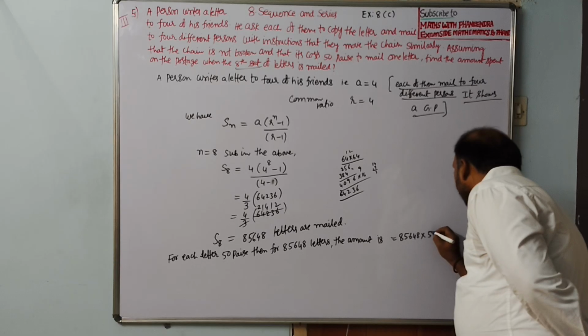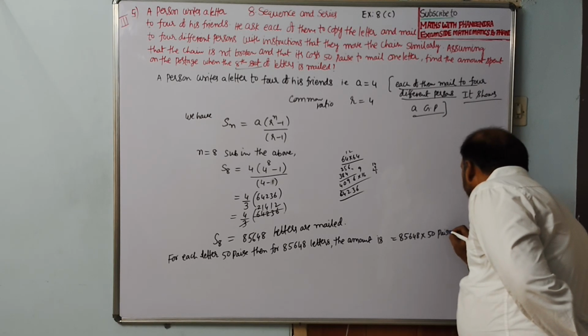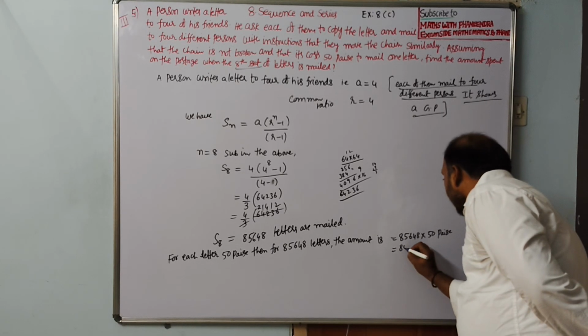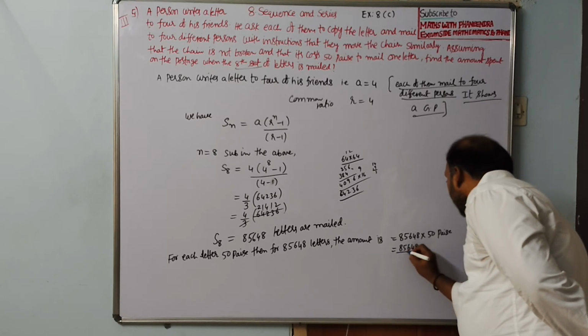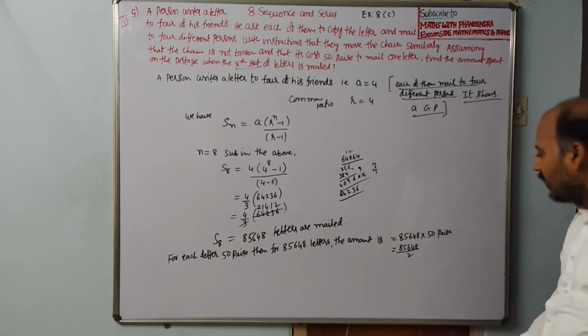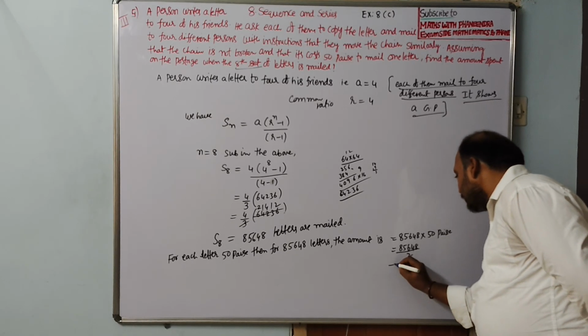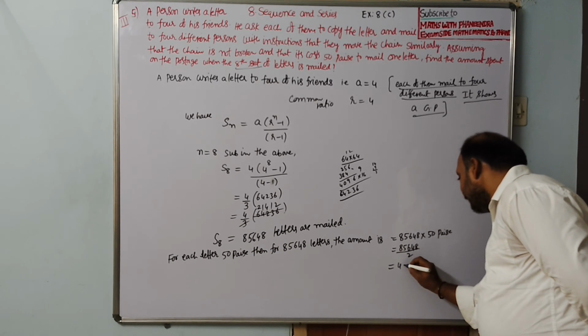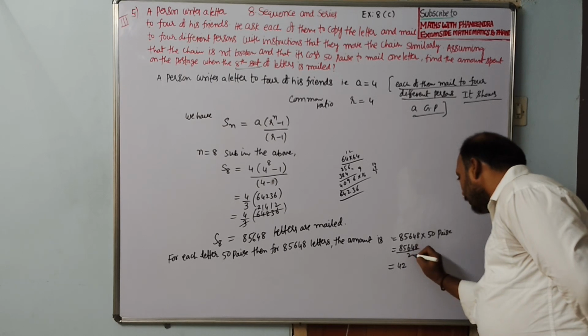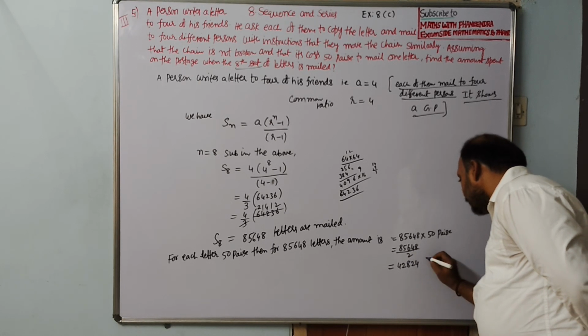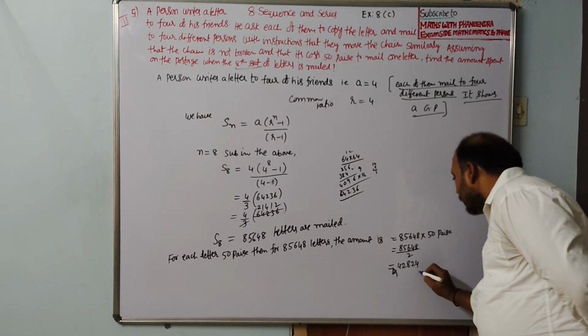85,648 into 50 pies. So we can write it as 85648 by 1 by 2. 50 pies means 1 by 2 pies I am writing. 1 by 2 rupee. So it is equal to 2 fours, 2 twos are 4, 2 eights, 2 twos, 2 fours. So this much amount.